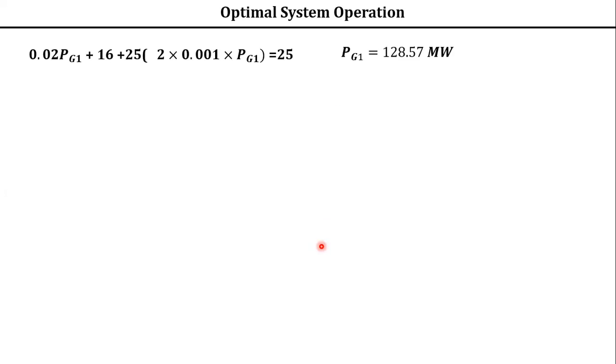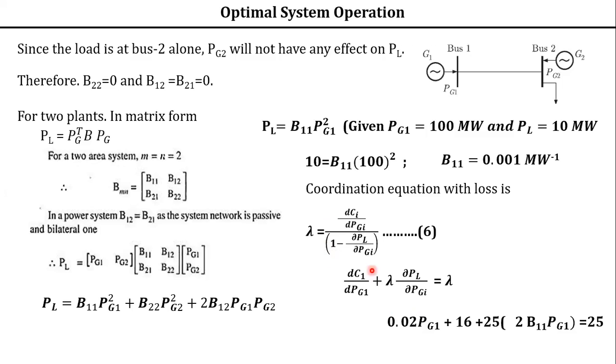Okay, once again, I am telling you, same equation for plant 2, how are we going to write? dC2 by dPg2, in the problem, the equation has been given, these two terms, plus lambda, given as 25, into dou PL by dou Pg2.